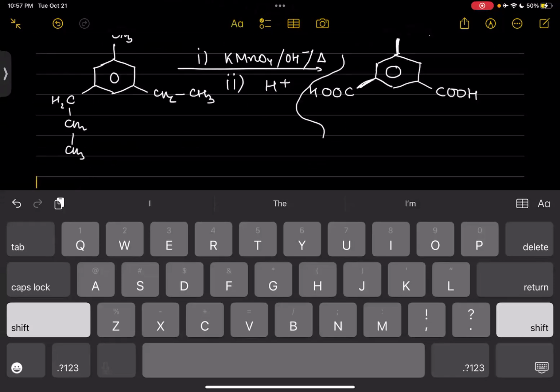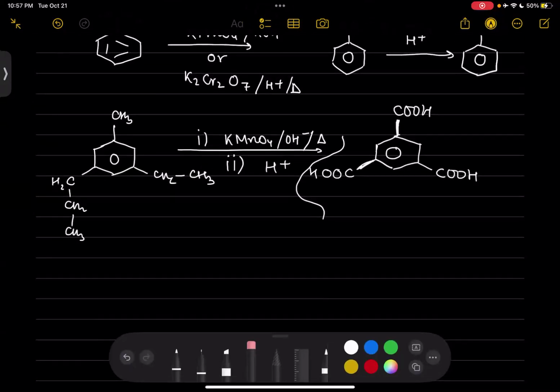So how will you convert ethyl benzene to benzoic acid? KMnO4. Yeah, KMnO4 and heat.